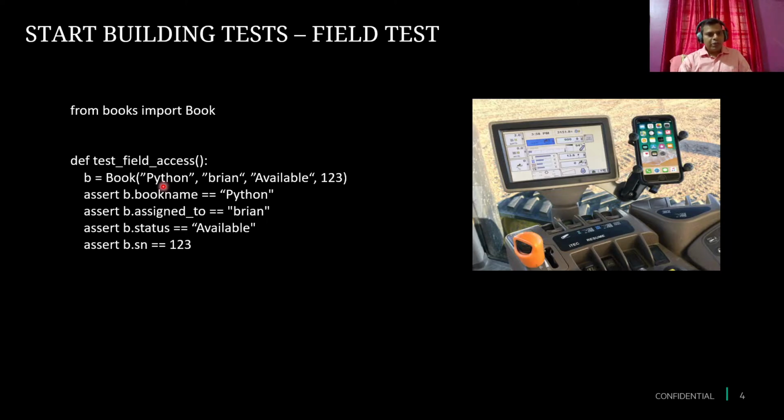This time we are giving some data: the book name, assigned to, status, serial number. Once we get the object, we'll use assert and try to verify the object data. So we are verifying the book name should be Python, assigned_to should be Brian, status should be available, and serial number should be 123.